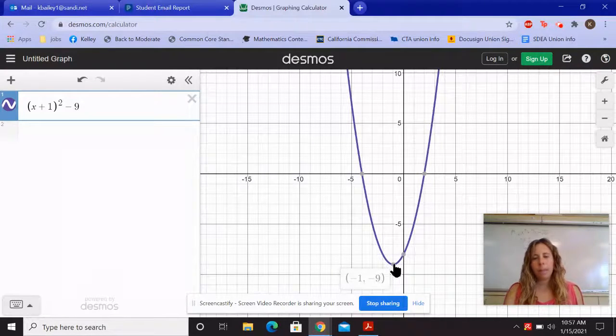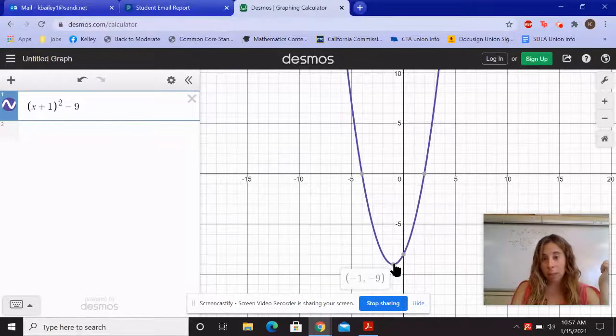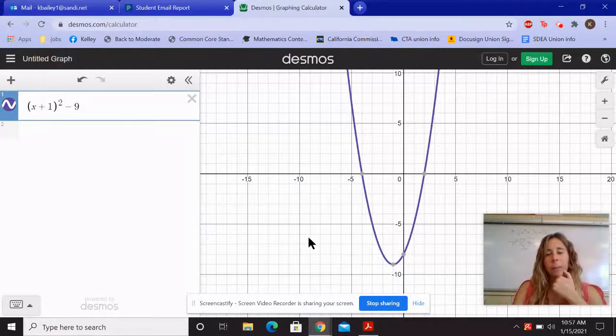Okay. So then the next thing we're going to have to do is graph the absolute value of this. So before I graph the absolute value of this, think about what's going to happen. How will this change? Think back to the first problem.